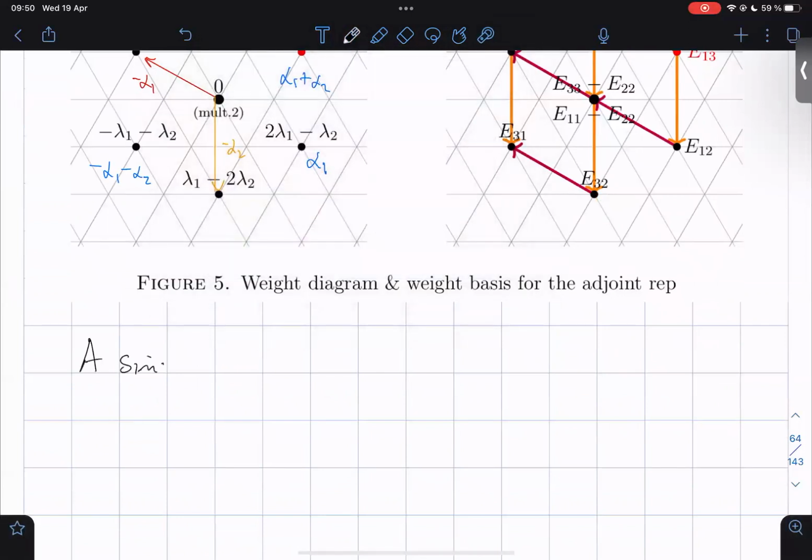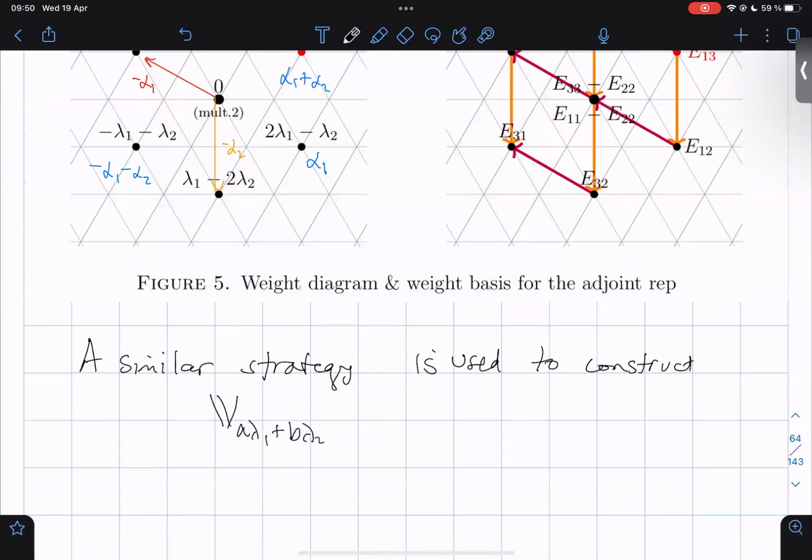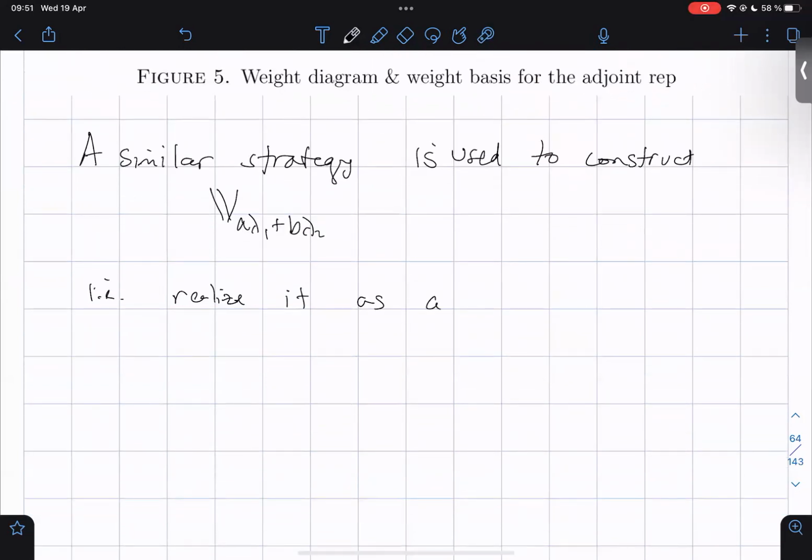Okay, so a similar strategy is used to construct V of A lambda 1 plus B lambda 2, i.e., we're going to realize it as a highest weight subrepresentation sitting inside where?